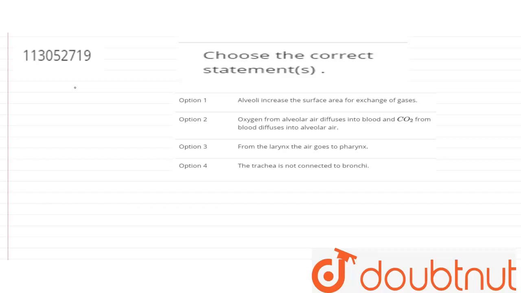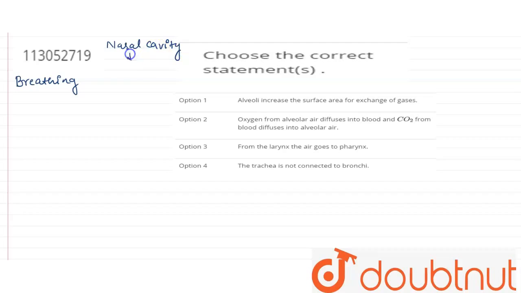Okay, so now we will understand what happens during breathing. Whenever we breathe there is a certain pathway or passage through which the air travels. First of all the air goes into the nasal cavity.